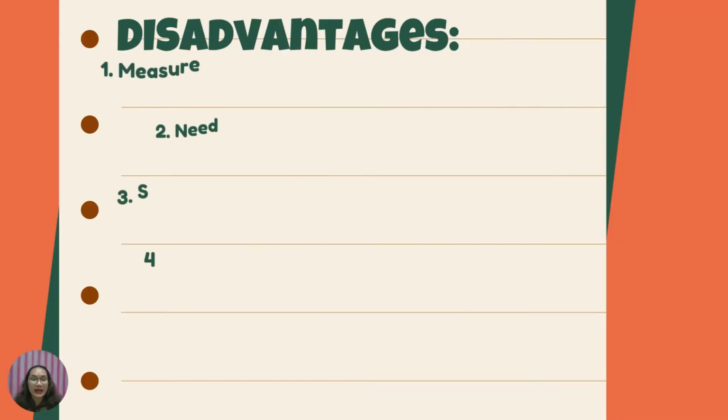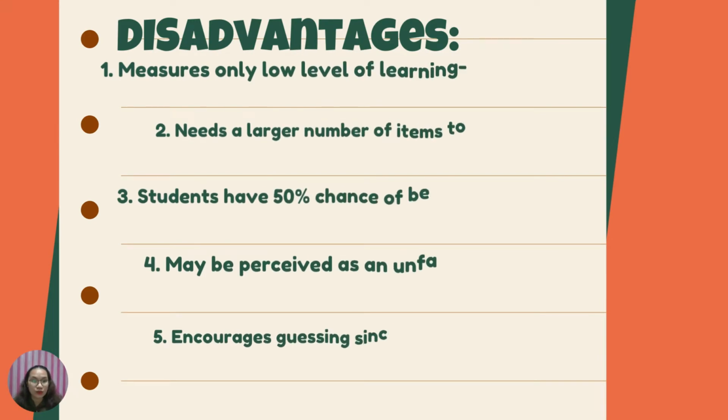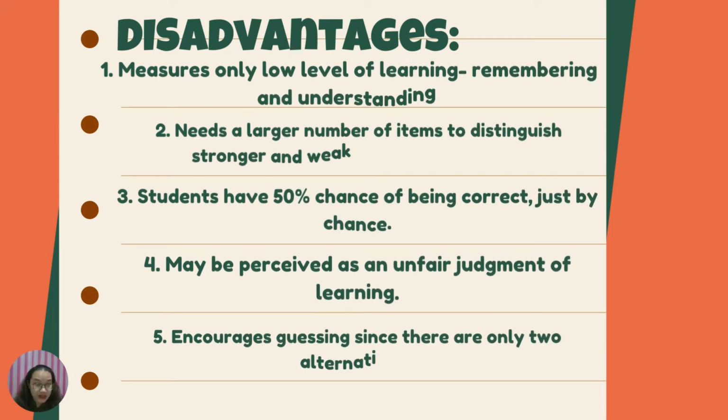So I had enumerated also 5 disadvantages of using true or false tests. The first disadvantage is it measures only low level of learning, which are remembering and understanding. As we look at the Bloom's taxonomy of objectives, either the old one or the revised one, remembering and understanding are in the lowest points of the taxonomy.